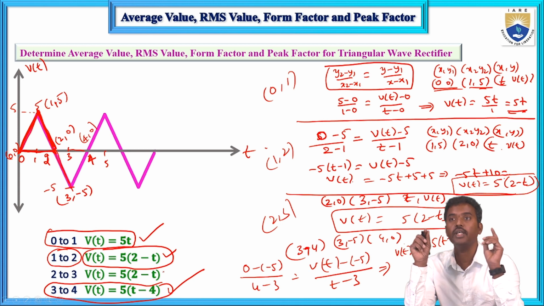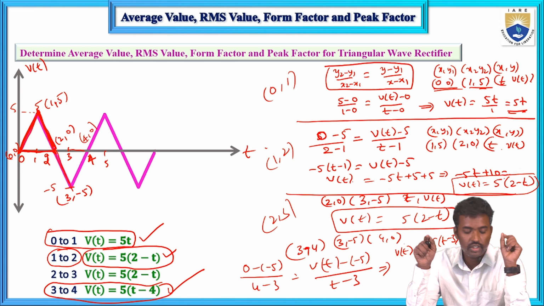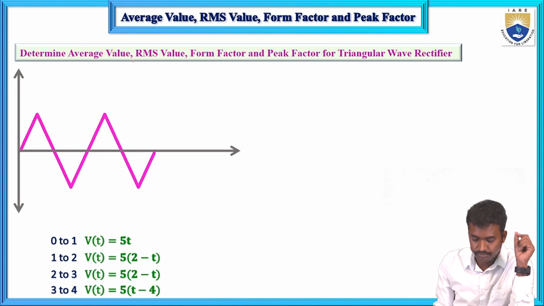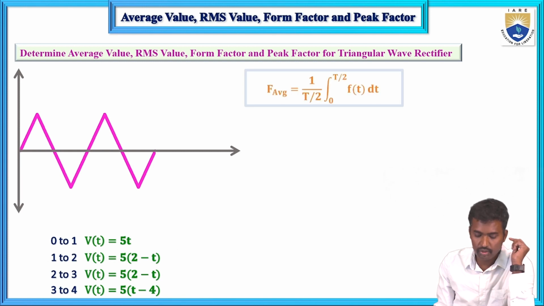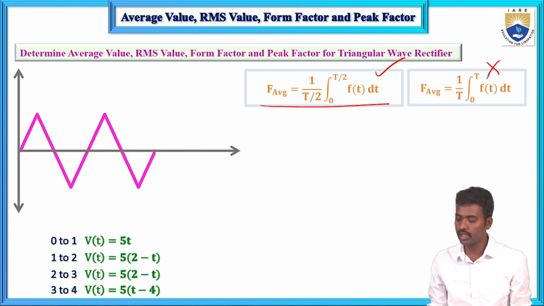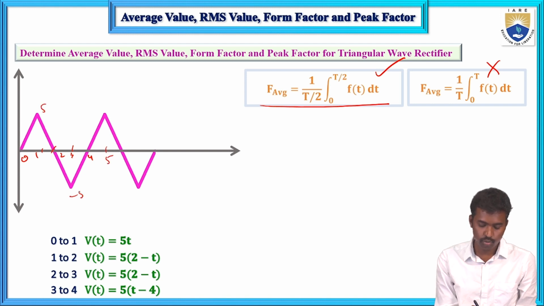Now we have the voltage equations. If you know the voltage equation, then only we can calculate the average value. For the average value, you consider only half a cycle, because it is not an asymmetrical waveform, it is a symmetrical waveform. Here the points are 0, 1, 2, 3, 4, with the peak 5 and minimum minus 5.